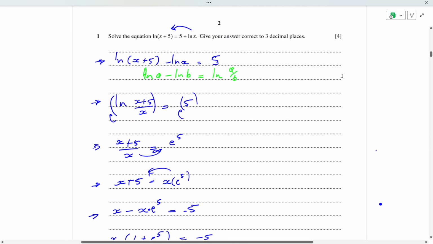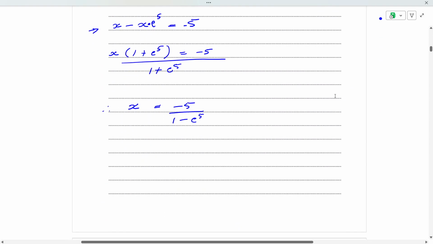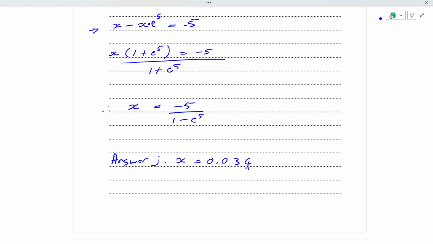But remember, the question said to 3 decimal places, so you need to plug that in the calculator. When you do that, your answer is x is equal to 0.034 to 3 decimal places, not significant figures.